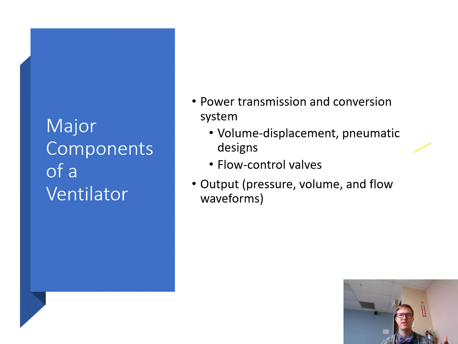That magnetic field pulls a plunger and opens the valve. The amount of current flowing through the magnet influences the strength of the magnetic field, and the strength of the field determines the position of the plunger, right? The design of the plunger can vary from ventilator to ventilator. So the more we put into it, the more that valve can change.